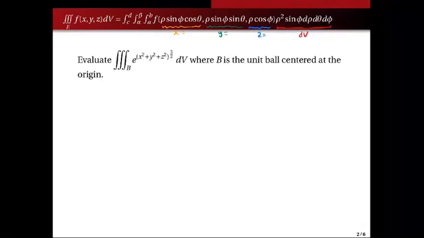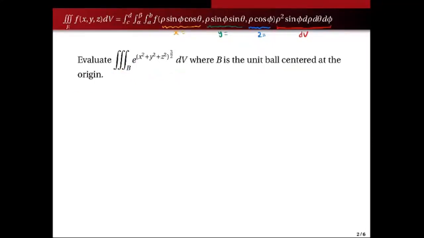So let us do this integration. We want to evaluate the triple integral over the ball B of the function e raised to (x squared plus y squared plus z squared) raised to 3 halves dv, where B is the unit ball centered at the origin.